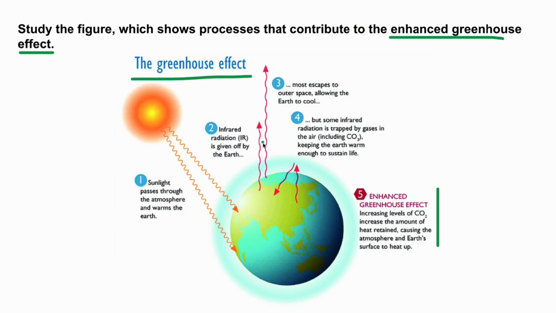So typically in a schematic diagram, they use different colors and different types of arrows to tell you that there are different things happening. Step number three, most escapes to outer space, allowing the earth to cool. So it's a continuation of step two here. Infrared radiation, most of it escapes to outer space, and that is represented by the arrow that goes all the way out to outer space.